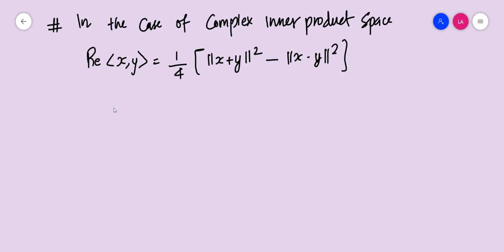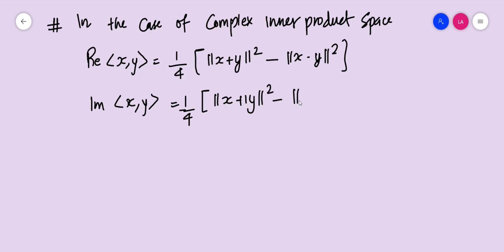And the imaginary part of the inner product xy should be equal to 1 by 4 times norm of x plus iy the whole square minus norm of x minus iy the whole square. So this is the definition.